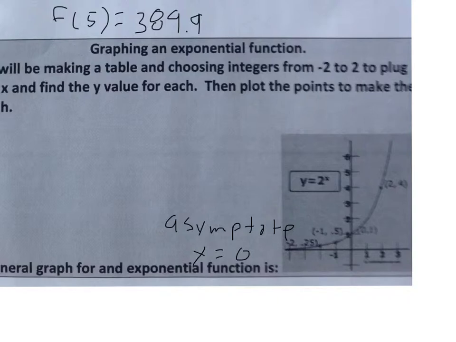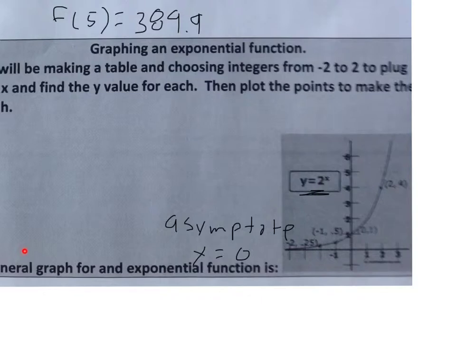But for the y equals 2 to the x graph, the x-axis, or the line y equals 0, is the asymptote. What the asymptote means is this curve gets closer and closer to the x-axis, but it never actually touches it. It just keeps getting closer and closer to it. And it goes on to infinity out here.